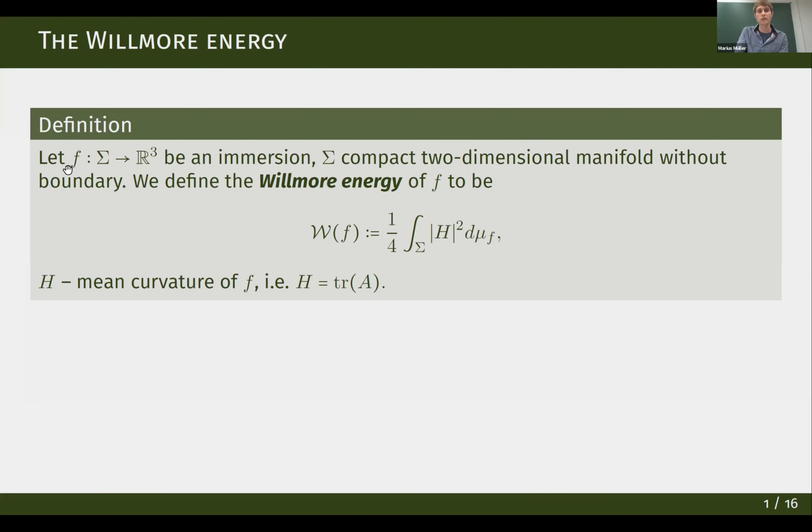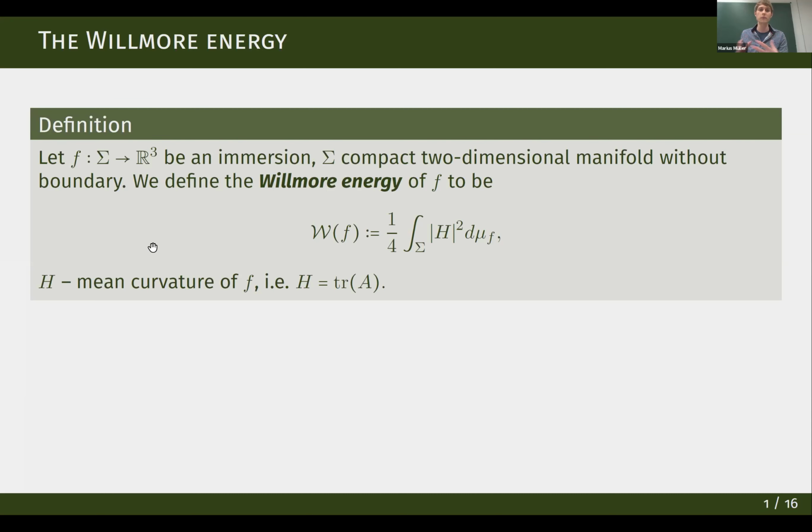For now, we are just looking at immersions going from a surface sigma to R3, and sigma is supposed to be a compact two-dimensional manifold without boundary. We will also call it from time to time a closed manifold, and our image lies in R to the 3, so this is just the situation we're in.